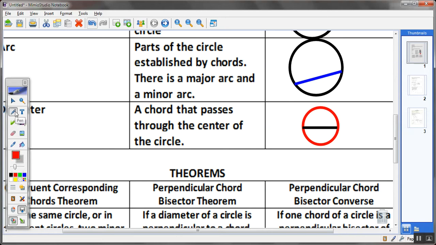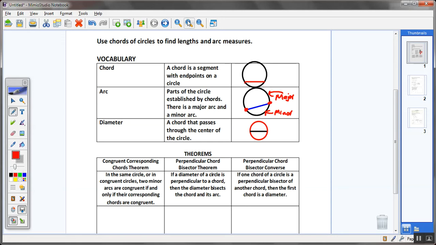Below it, okay? So I'm going to say that down here is my minor arc. And then up here between these 2 points is your major arc. Okay? So some definitions. We need to know what a chord, an arc, and diameter are today. I think you know this already, okay? But to put them in terms of an illustration, that's where we're at.